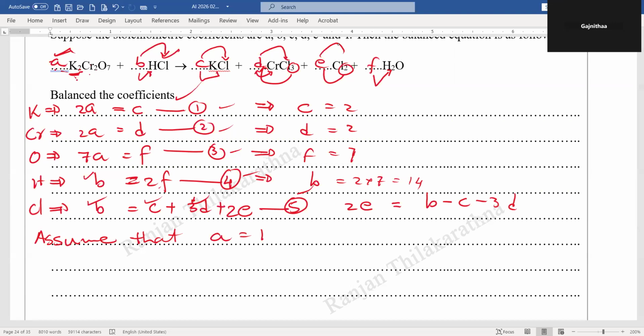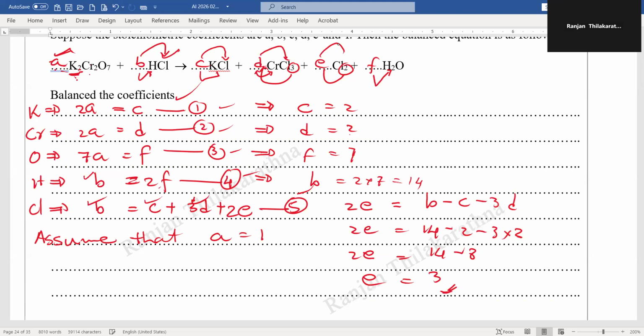Then 2E equals 14 minus 2 minus 3 times 2, means 14 minus 8, equals 2E, then E equals 6. Or, just 3, no? Yes, E equals 3.